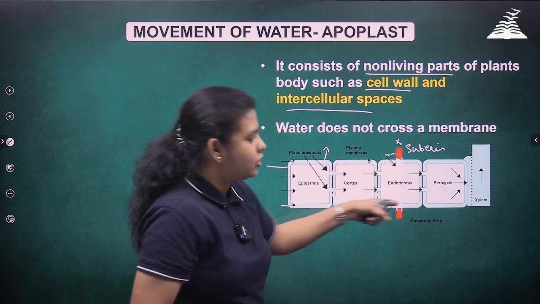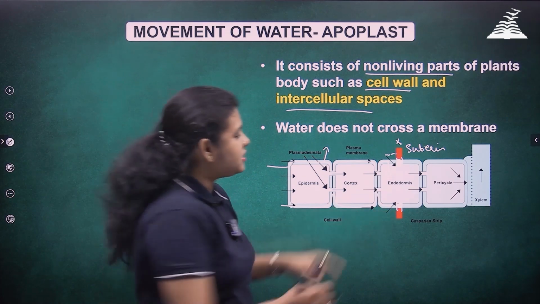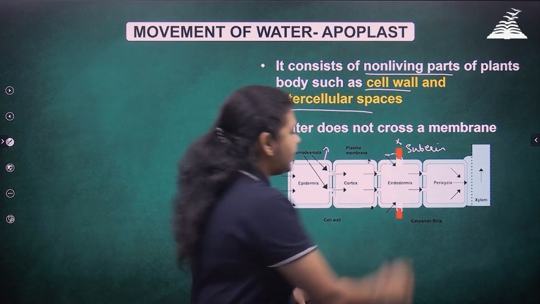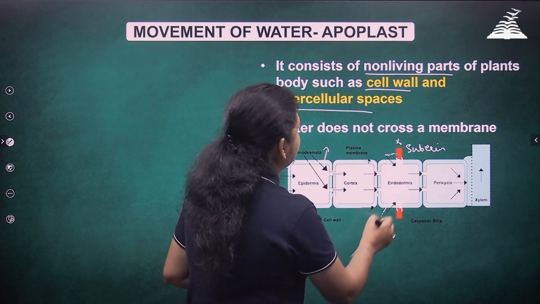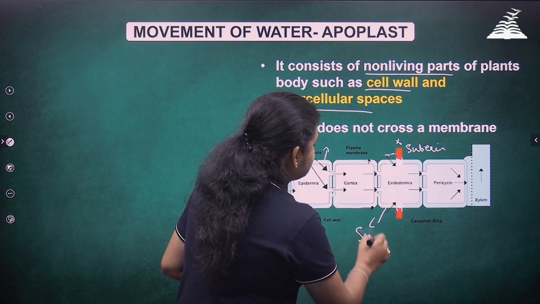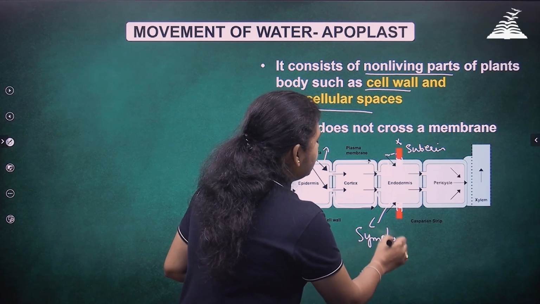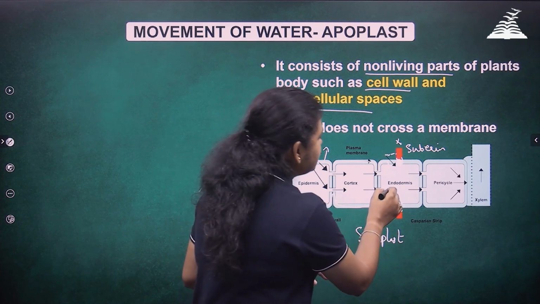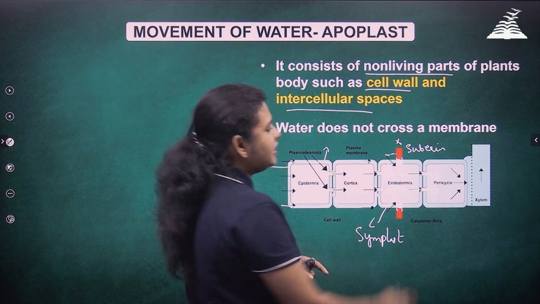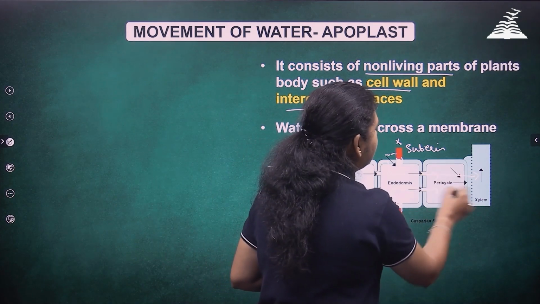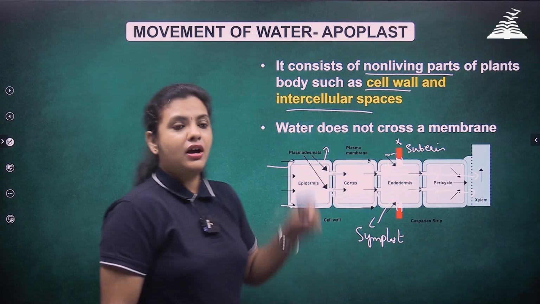They cannot cross the endodermis, so they come inside. As soon as they come inside, the mechanism becomes symplast, right? And from the endodermis, using symplast, they reach the pericycle and finally go to the xylem.